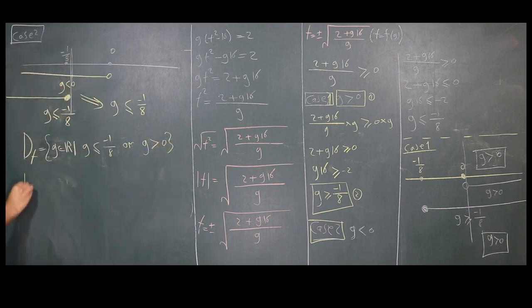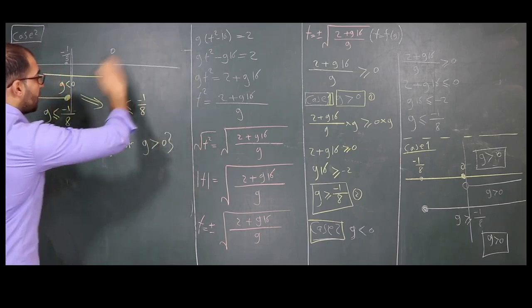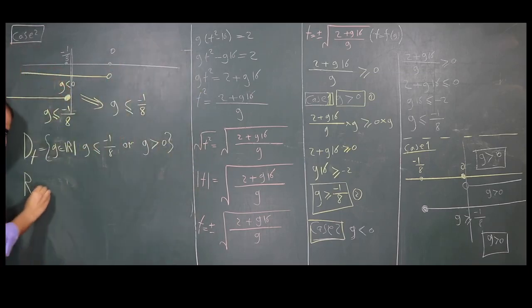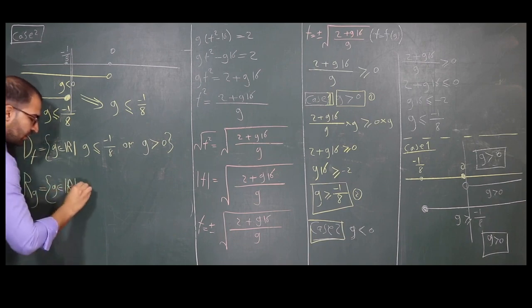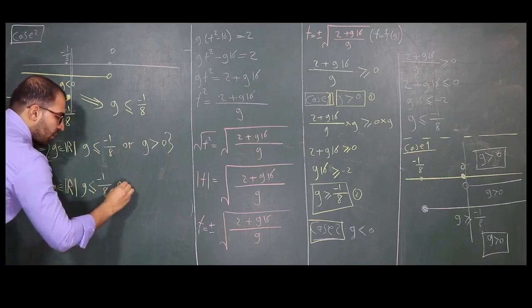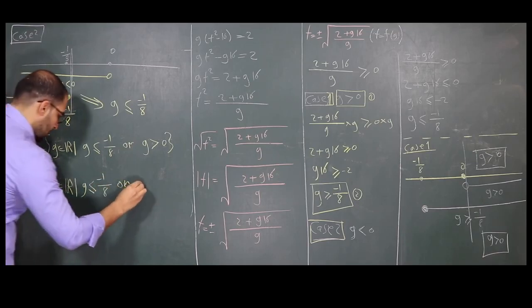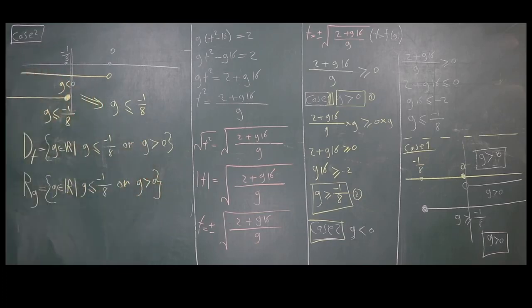So the range of the function, where is the main function? g equals all elements g belonging to R such that g is less than or equal to minus 1 divided by 8, or g just greater than or equal to 0.